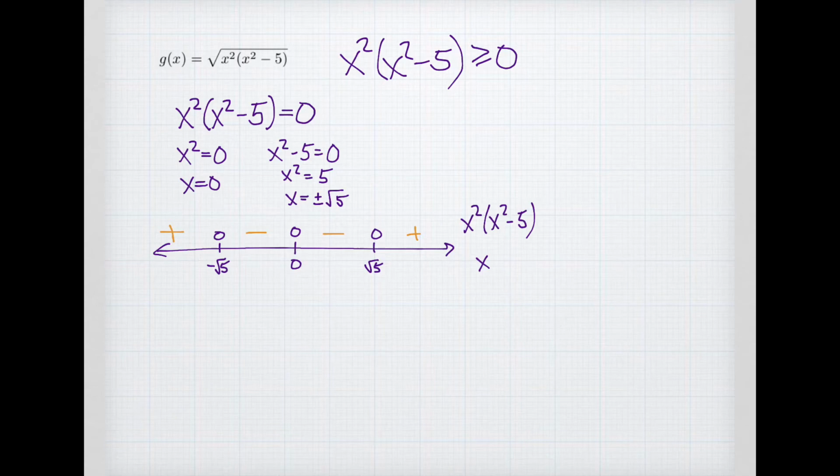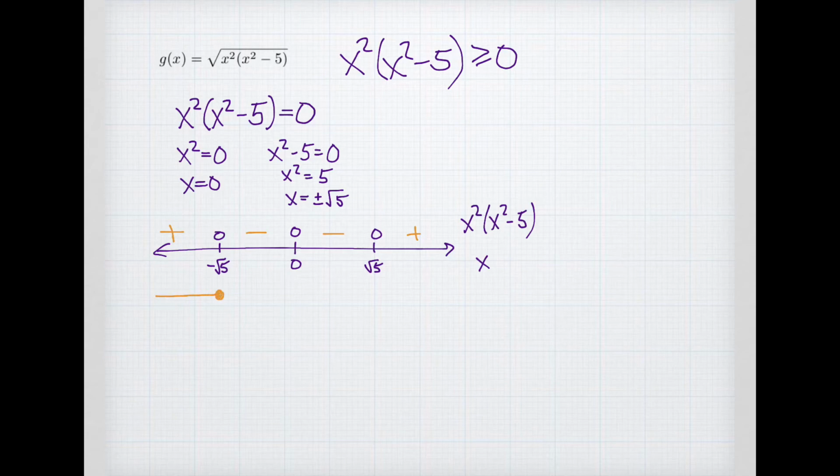I find the domain by interpreting this sign analysis, and the domain requires that my input is greater than or equal to 0. I will not include the intervals where my function is negative. So let's create a set, we'll draw it below our number line, where we're going to include all the values of x where I get a positive or 0.